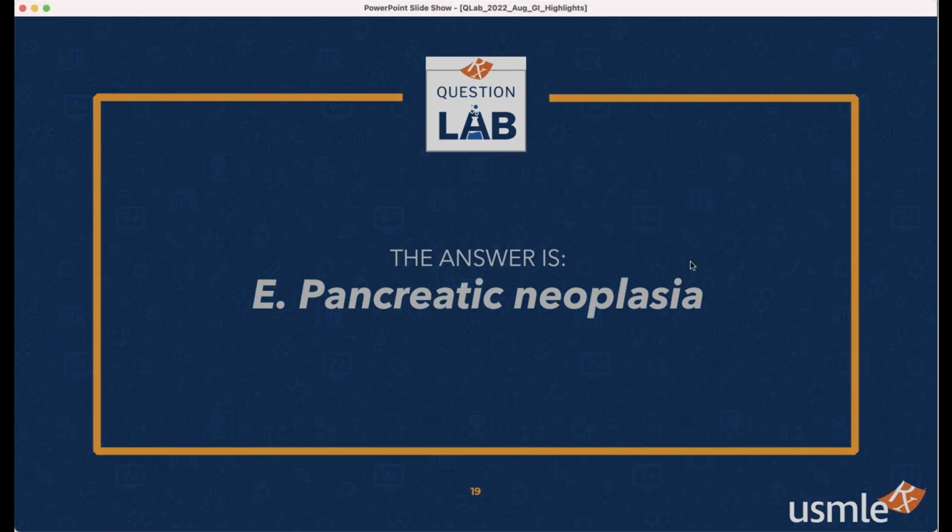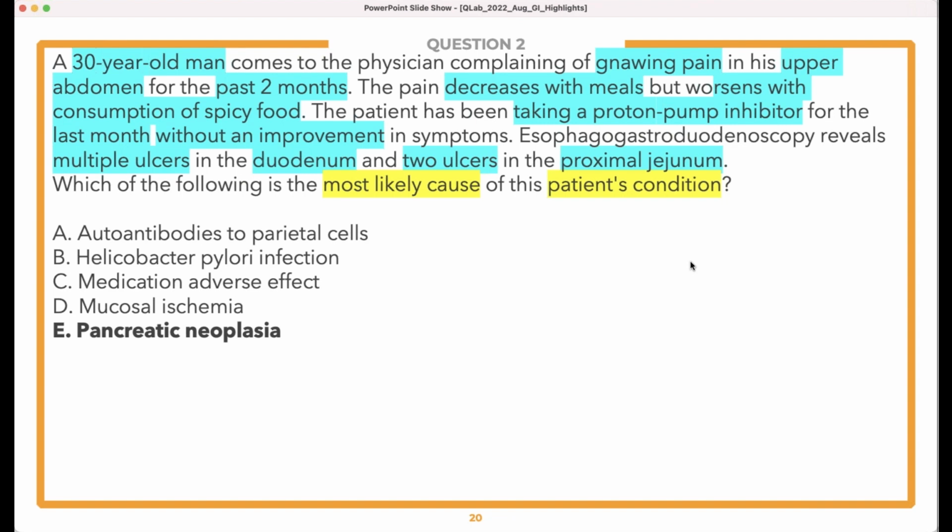So let's take a look at what's going on, okay? So this is a 30-year-old male, and we know he has ulcers, right? That EGD showed that he has ulcers, okay? However, the disease is resistant to PPIs, okay? A little unusual. On top of that, the ulcers are in a kind of non-characteristic area, okay?